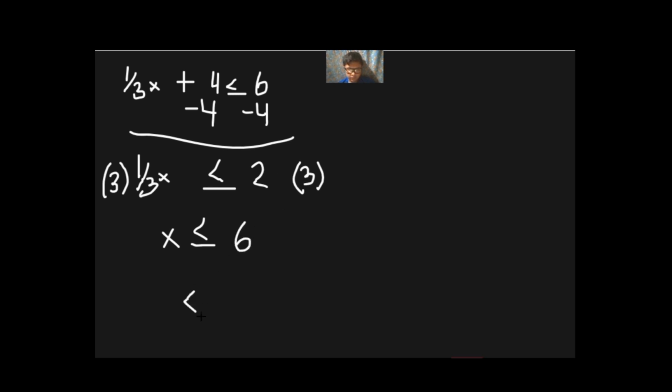To plot this, I'm going to shade here. The symbol is less than or equal to.